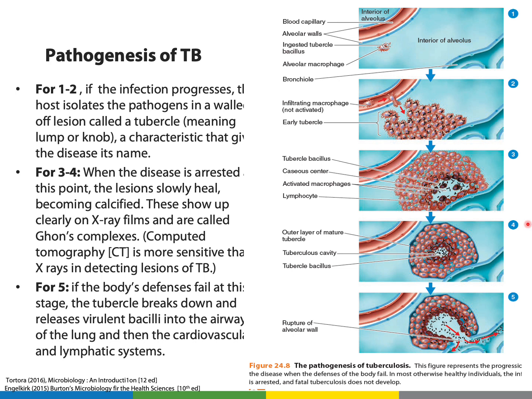On the third step, after a few weeks, the disease symptoms appear as many of the macrophages die, releasing now your tubercle bacilli, forming a caseous center in the tubercle. That's one. The aerobic tubercle bacilli do not grow well in this location because it will require oxygen.